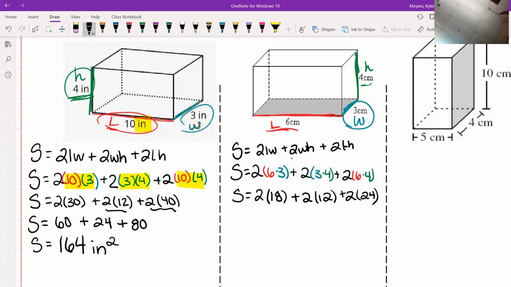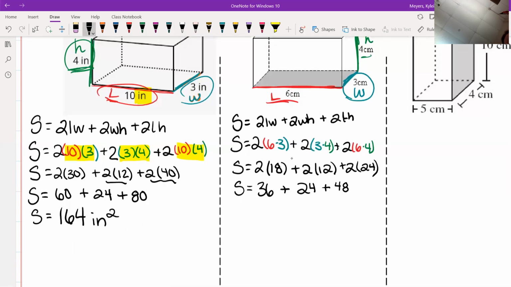Okay, now multiply all of those by 2, right? So 2 times 18, if you don't know that, do that in a calculator. 2 times 18 is going to give us 36. 2 times 12 is going to give us 24. And 2 times 24 is going to give us 48.